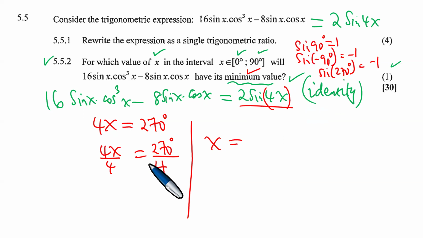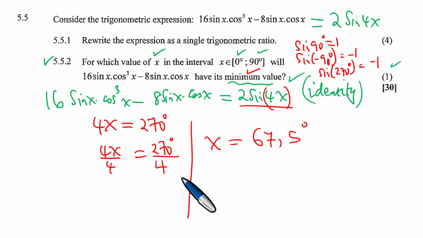So we have 270 degrees, we divide it by 4. What is the answer? 270 divided by 4 is actually 67,5 degrees. And this 67,5 degrees is an angle that lies between 0 and 90.